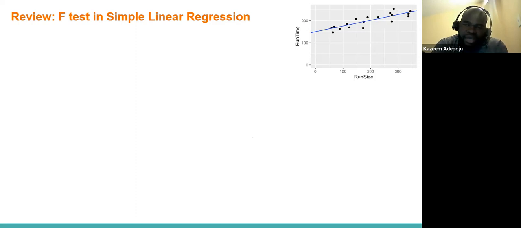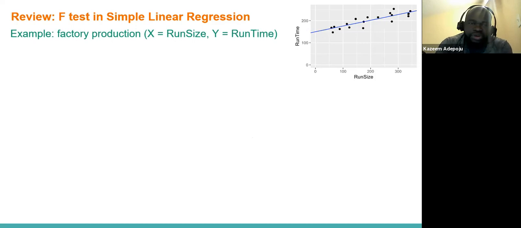And then we have this scatter plot right here between the two variables under investigation. Symbolically, the predictor is run size, which is X, and the response is run time, which is Y.